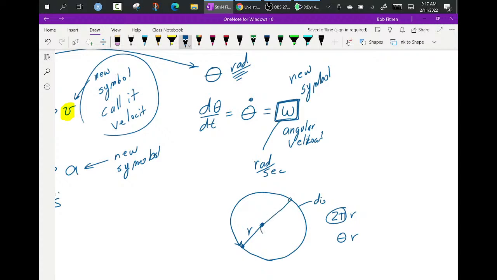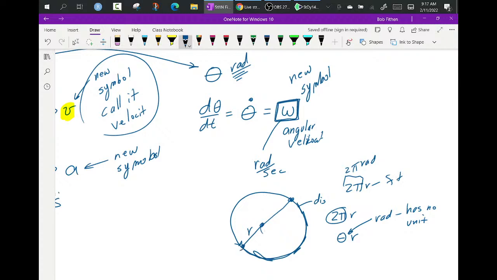If it went just halfway, the distance from here along this path to here, so it turns out that this radian has no units. And so if I multiply 2 pi r, 2 pi kind of represents the 2 pi radians, and the r is in, say, feet.